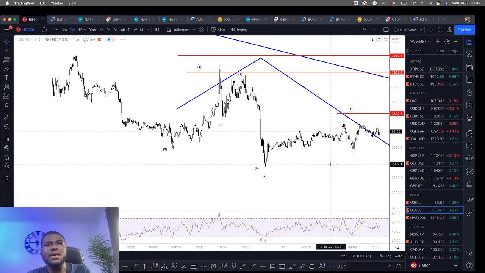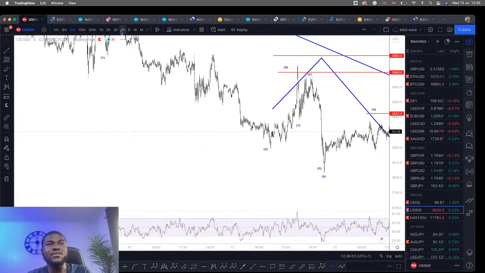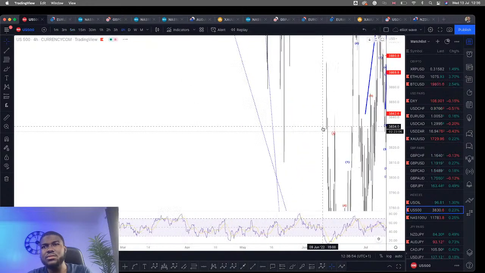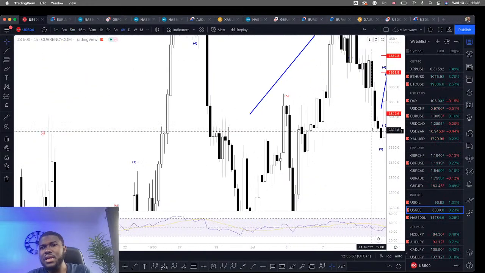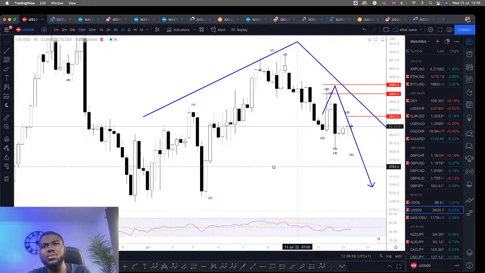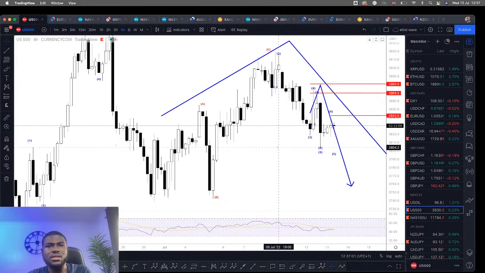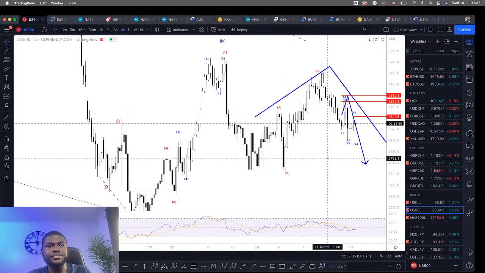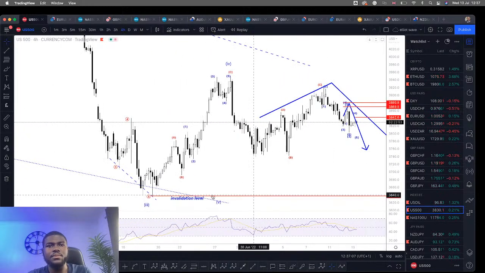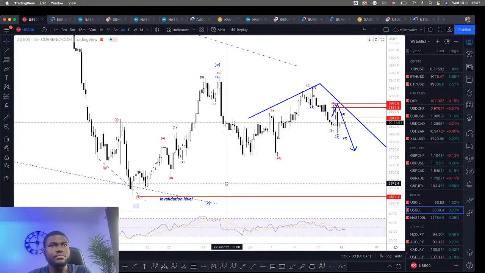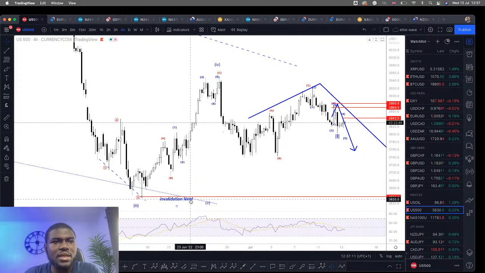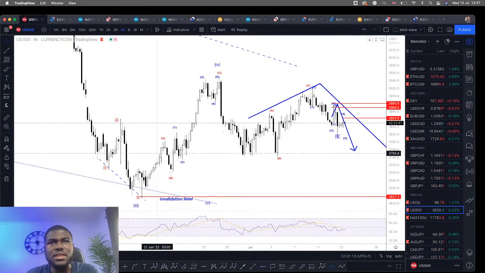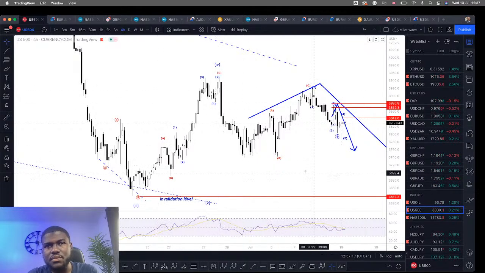So the analysis I have for US 500 starting from the 4-hour time frame still remains the same, and it has been playing out well since Monday, and that analysis is right here before you guys. Can you see? Starting from here, this is where I started the analysis from. The whole of this is an ABC correction to the upside that ideally will be followed by an impulse.